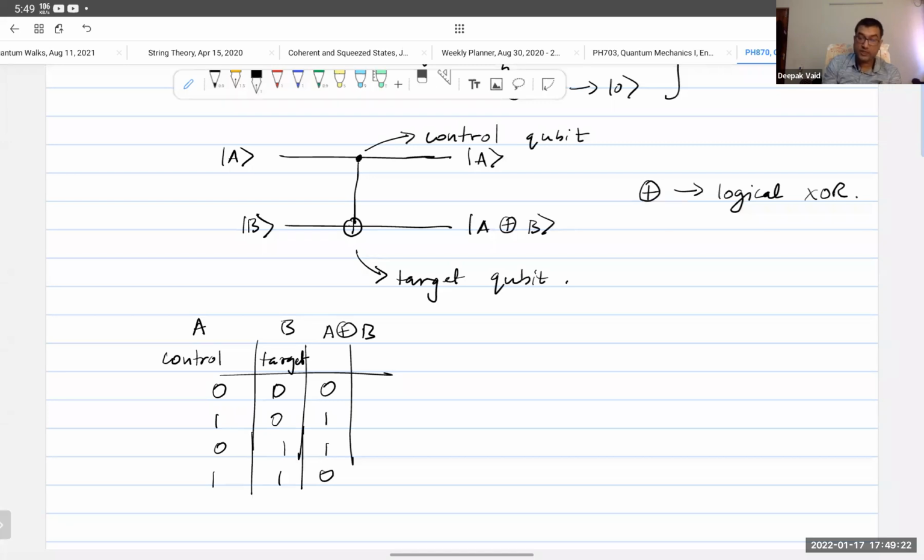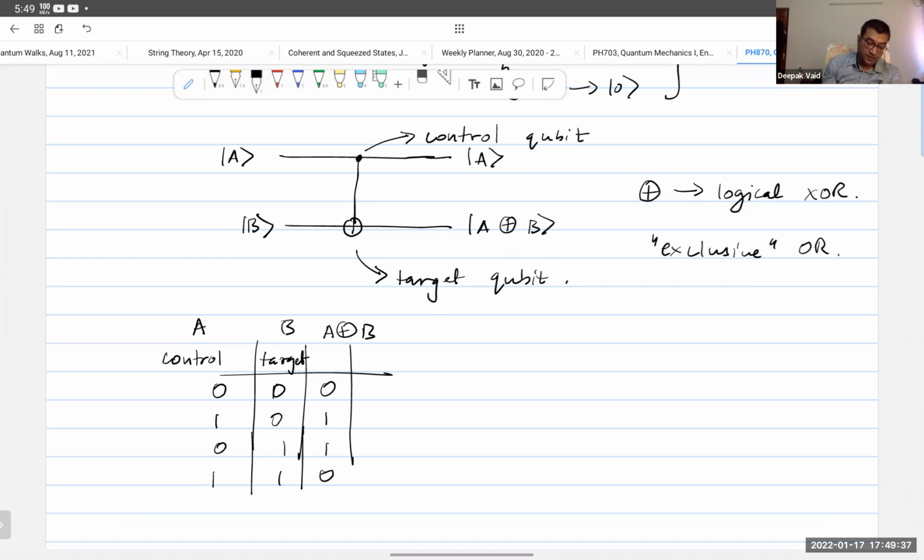XOR stands for exclusive OR. That means only A has to be non-zero or only B has to be non-zero.